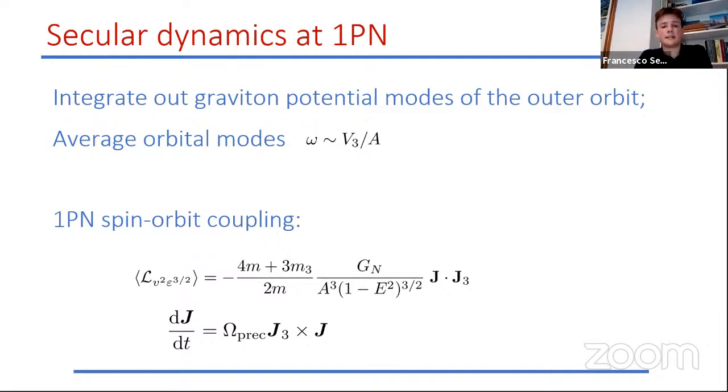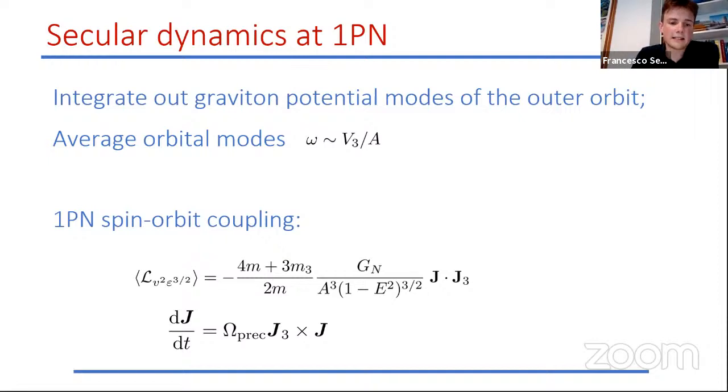And if you do this, which is the same that we did integrating out the degrees of freedom of the inner binary, we find a spin-orbit coupling that comes at first order in the post-Newtonian expansion, which is a coupling between the spin of the composite particle that represents the binary and the orbital angular momentum of the outer orbit.